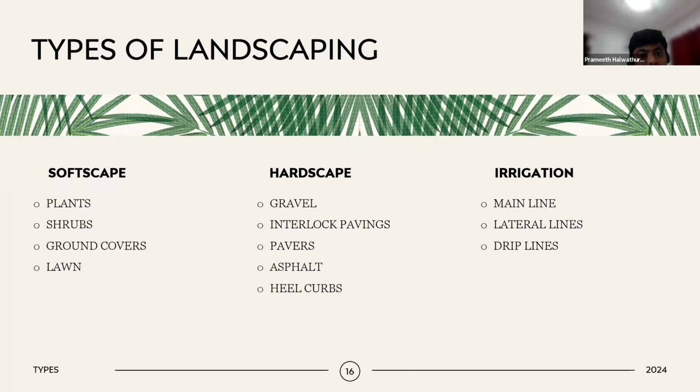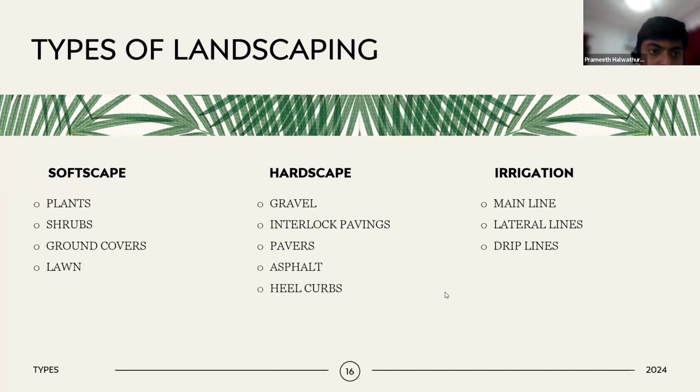I believe you now have some idea about the landscaping types, softscape and hardscape mainly. For the softscape, we want the irrigation line to support and keep the softscape alive.